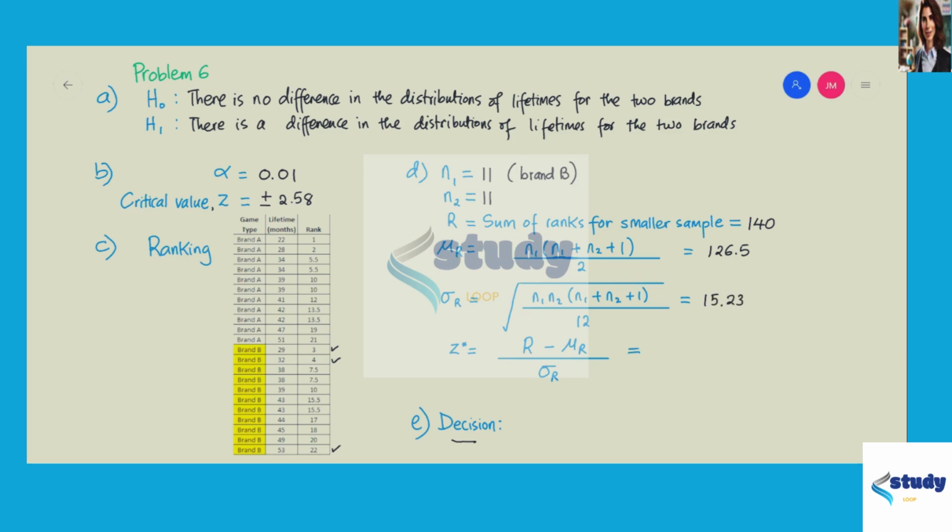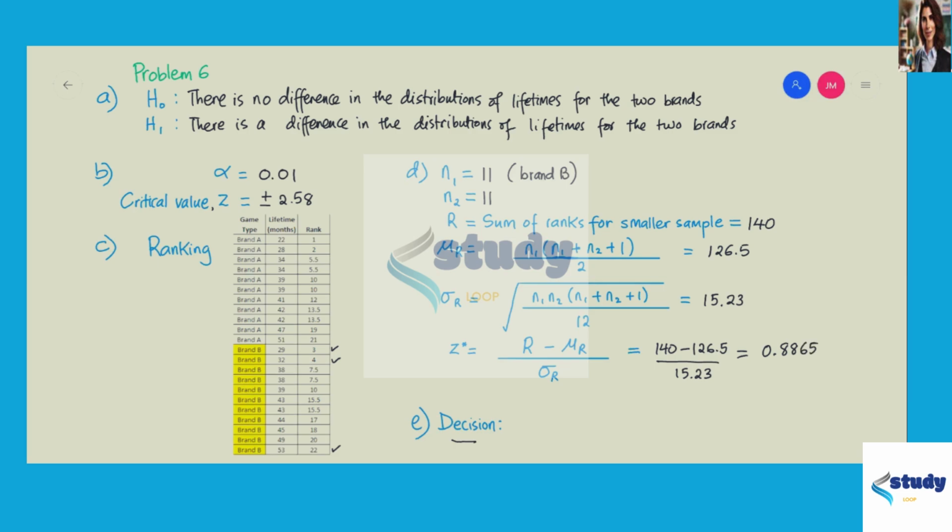And now we can substitute the values into the formula for z, and that will be 140 minus 126.5 divided by 15.23. When you work that out, you obtain a z value of 0.8865.